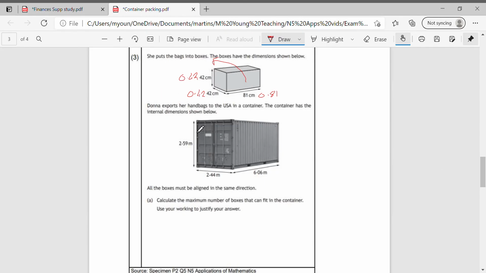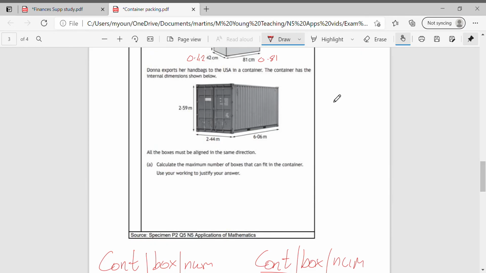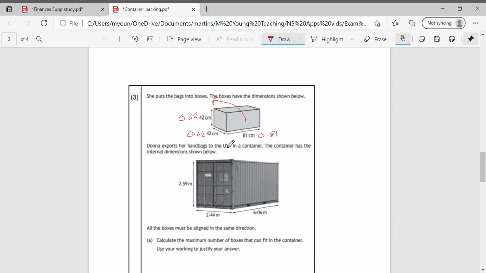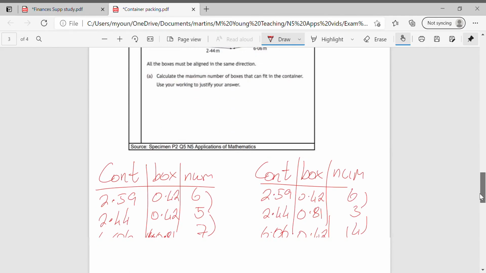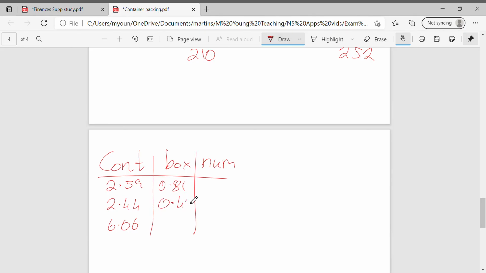So 0.81 will correspond to the 2.59. Then the only two measurements we've got left are the 0.42, which has been lifted up, so 0.42 will correspond to the 2.44 and also the 6.06. I'm going to divide left by right to work out how many can fit in. 2.59 divided by 0.81 is 3. 2.44 divided by 0.42 is 5.